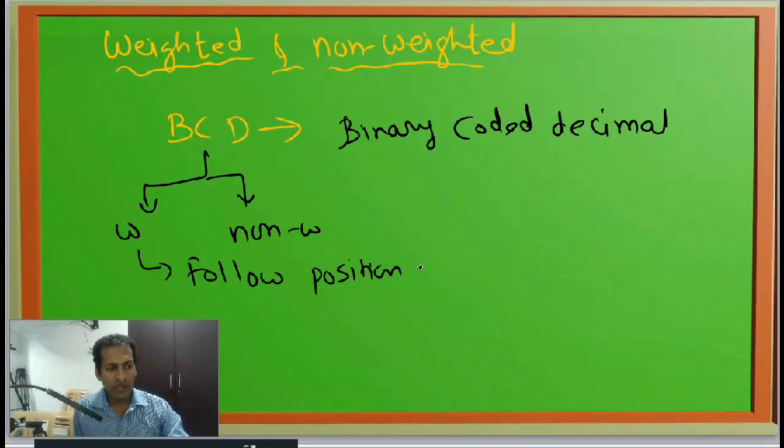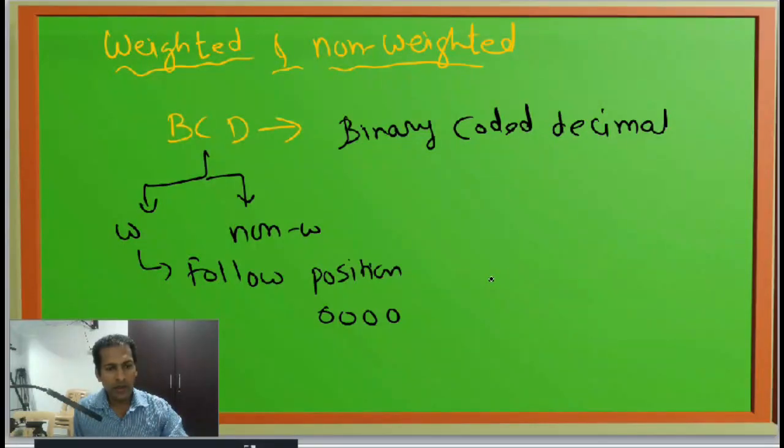For each group of 4 bits, the sum of the weights of those positions where the binary digit is 1 is equal to the decimal digit which the group represents.